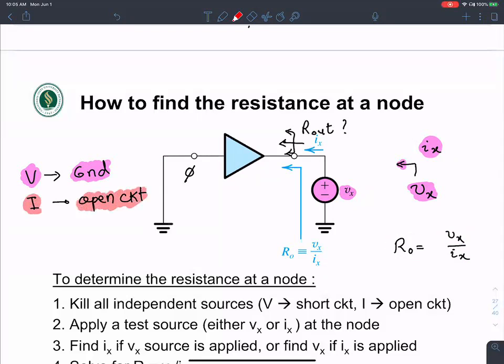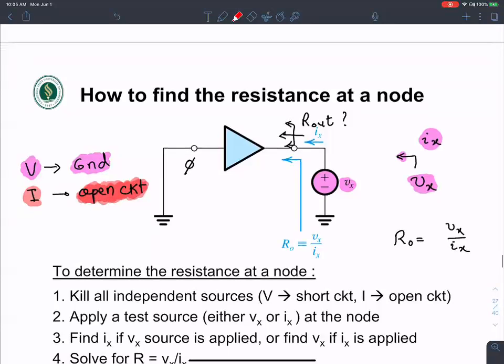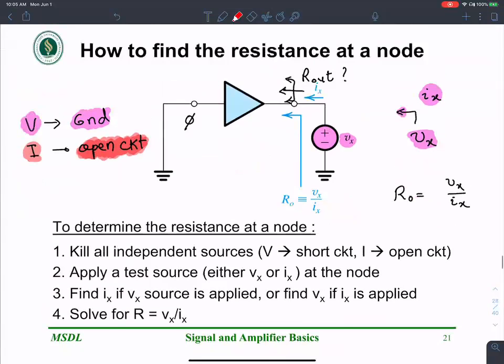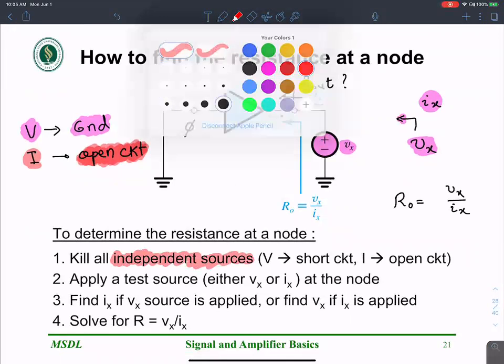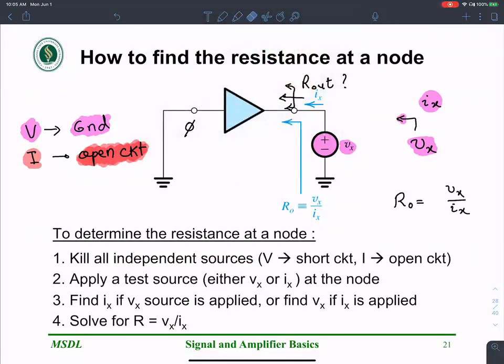You make the input 0 by making the current source open circuit. So the general approach to finding the output resistance is to kill all independent sources. You make them zero. If it's an independent voltage source, you short circuit it. If it's a current source, you open circuit it.